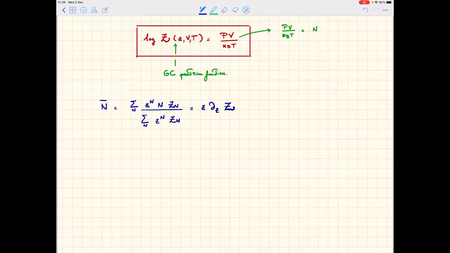Yes. So let's now do this derivative. Oh, sorry, it's a log here. So let's do this derivative. Yes. Okay.